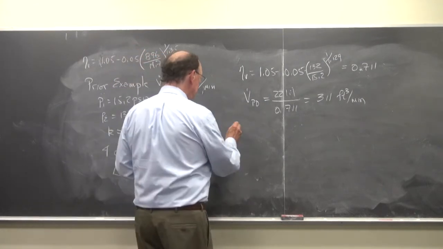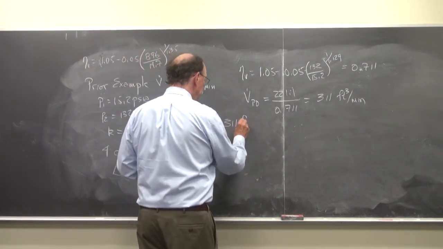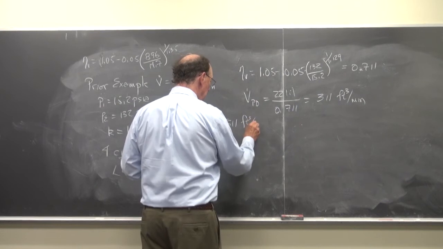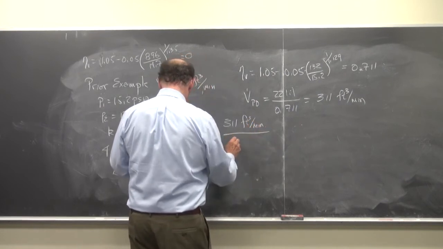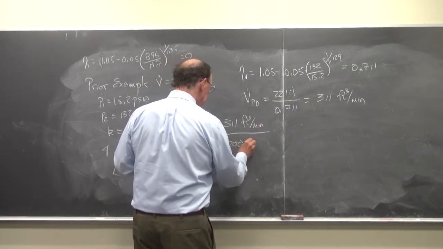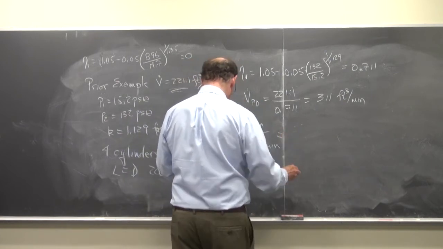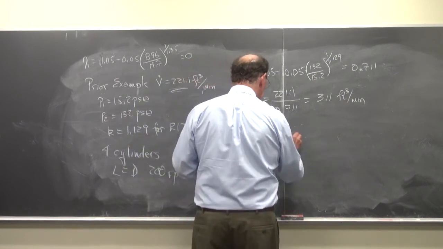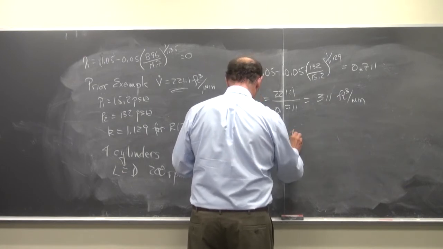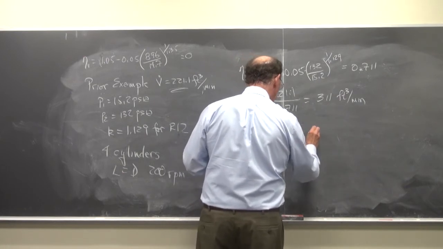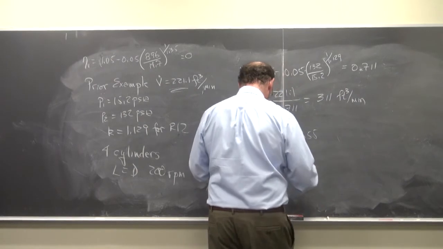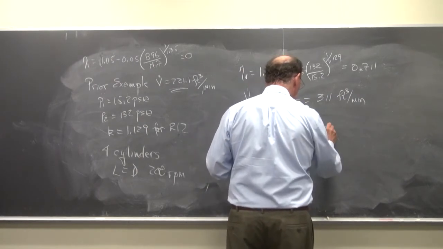So we take 311 cubic feet per minute, divide by 200 cycles per minute, and we'll get that this is 1.555 cubic feet per cycle.